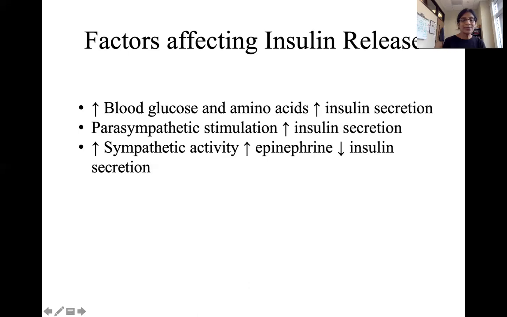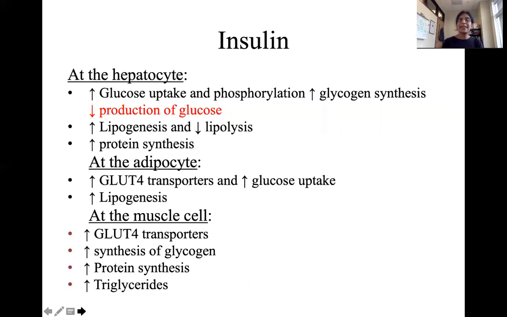All right, so with that information, we will move on to look at the exact action of insulin. Here we look at 3 different cells and how insulin has different types of effects at different targets.